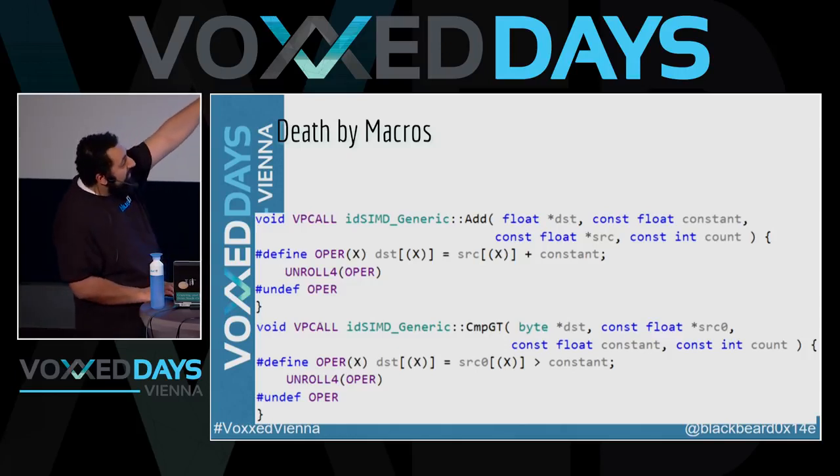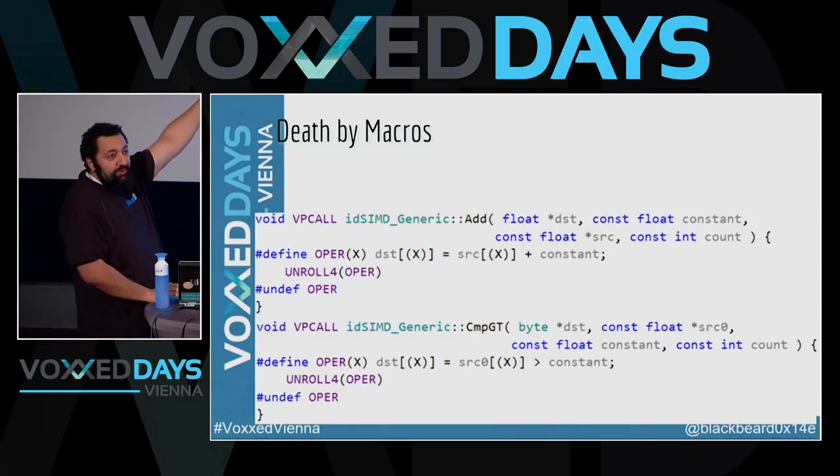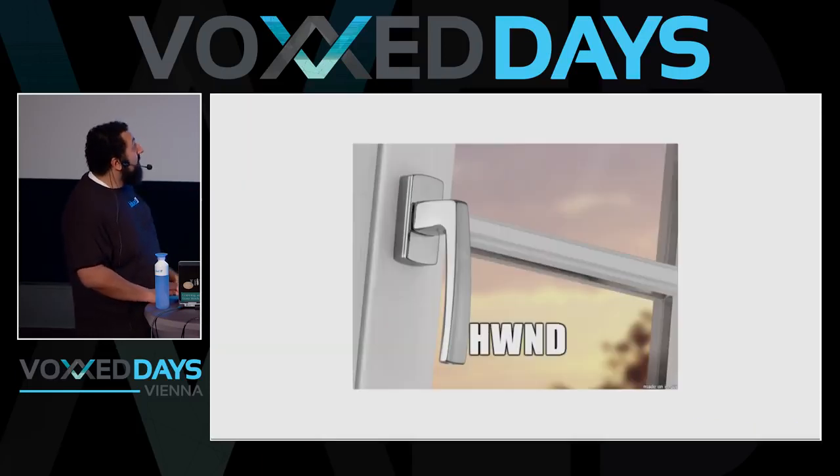As you can see, the destination type above is a float pointer, and the destination type below is a byte pointer. Macros don't care, they are type agnostic. So to translate this kind of stuff to Java takes a lot of work, you have to do it for everything, and it's annoying.